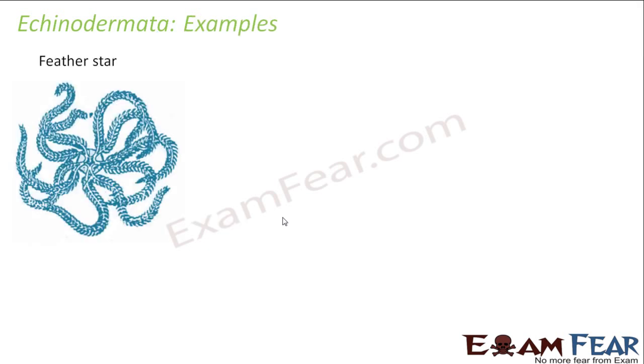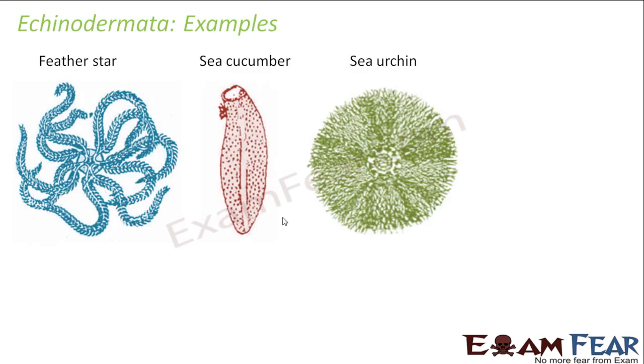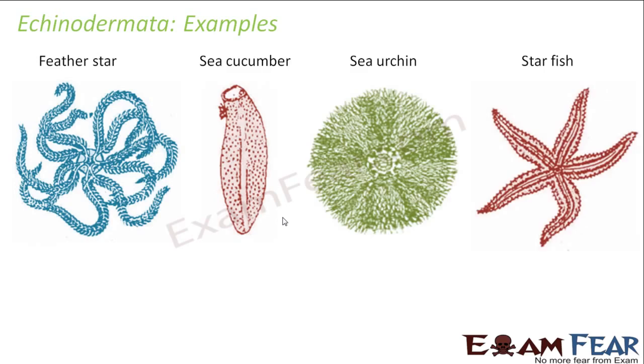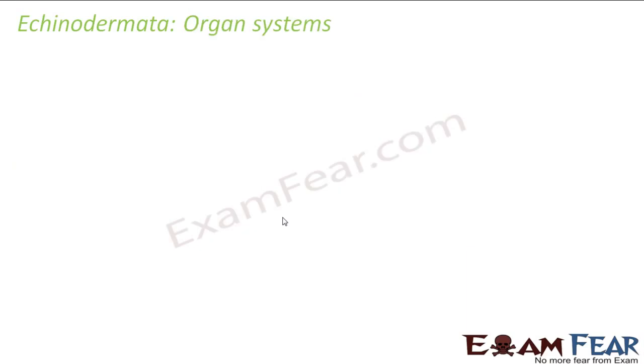Let us look at some examples: feather star, sea cucumber, sea urchin, starfish. These are all examples of Echinodermata, and just by looking at them you can see that all of them possess radial symmetry. With this idea in mind, let us now talk about the different organ systems in Echinodermata.